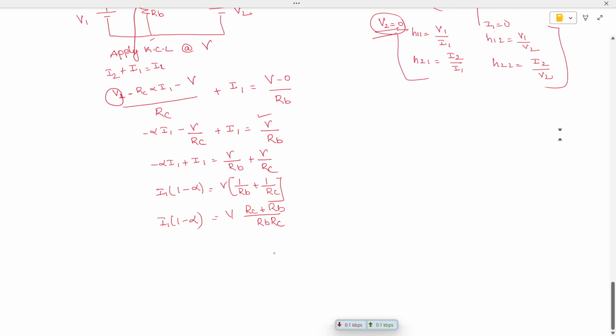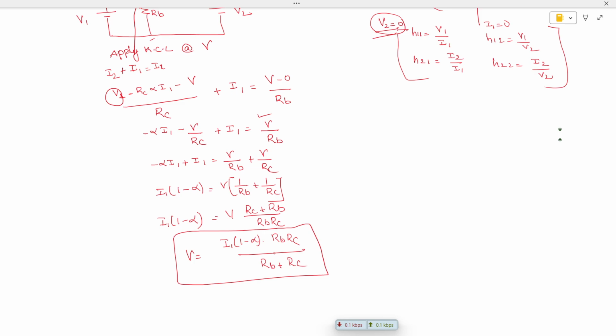So I require the value of V, the unknown voltage, that is I1 into 1 minus alpha into RB RC divided by RB plus RC, which is the required value of V.